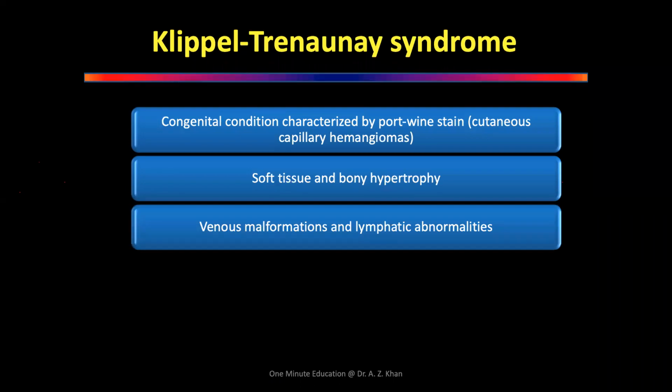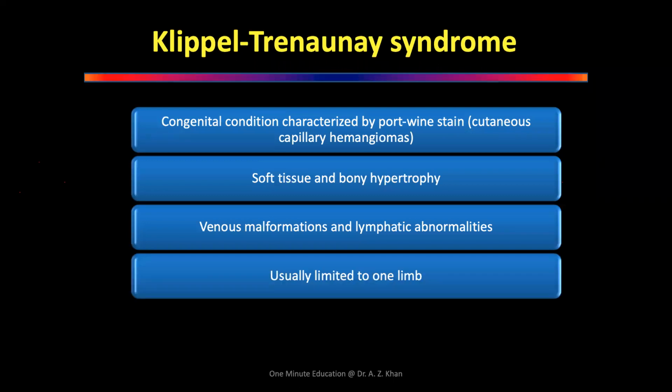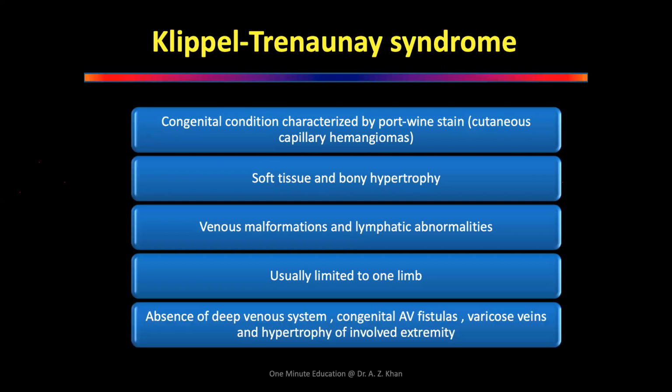There can be venous malformations and lymphatic abnormalities, usually limited to one limb. And most likely the cause is absence of a deep venous system. It can also cause congenital AV fistulas, can cause varicose veins, and cause hypertrophy of the involved extremity.